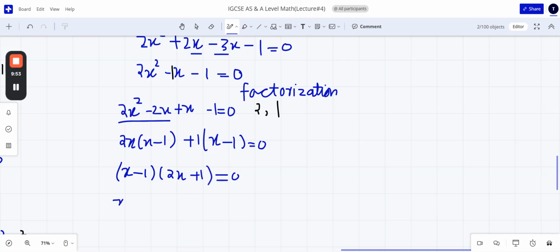Then we will write both separately. x minus 1 equals to 0, and the same, 2x plus 1 equals to 0. Now x would be equal to plus 1. So here we need to shift the plus 1 to the other side of the equal. It becomes minus 1.